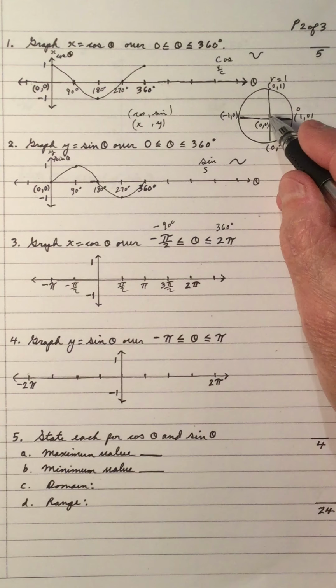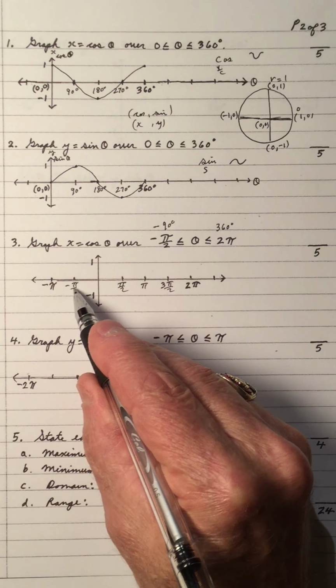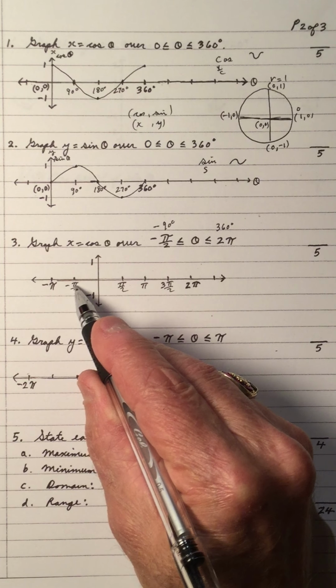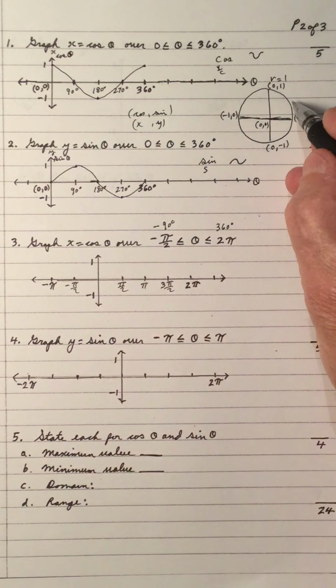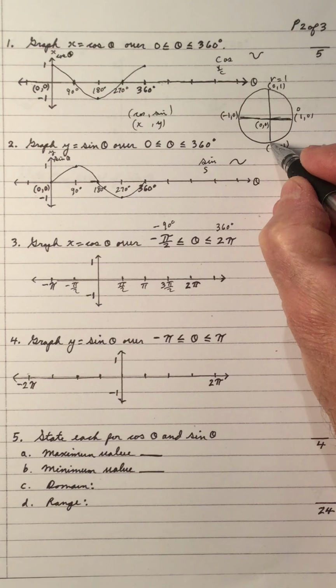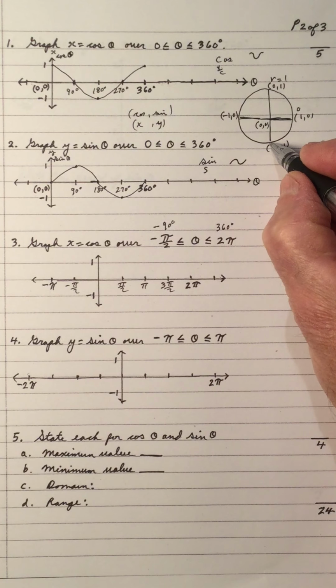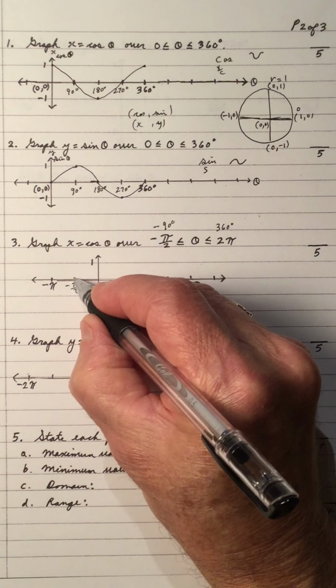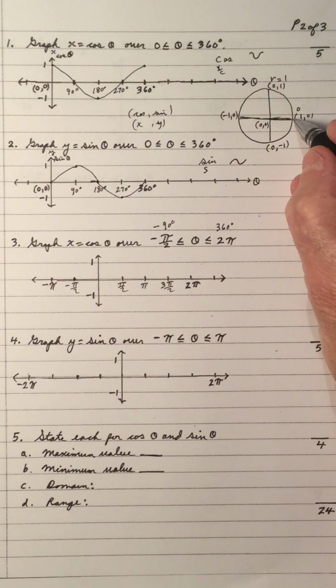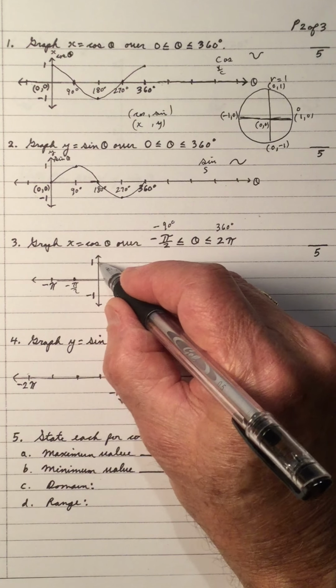And so looking at negative pi over 2, that's the same as negative 90. Negative 90 is here, and we're graphing cos, so cos is 0, which is right here. Now we look at graphing at 0. 0 for cos is x, which is 1.